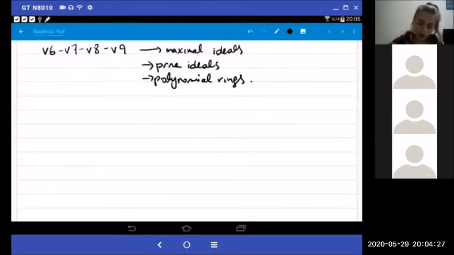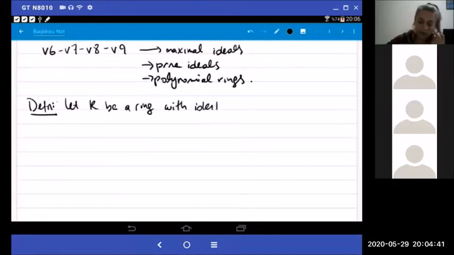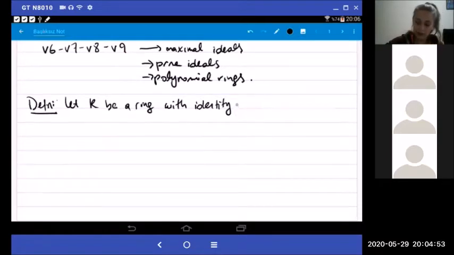So let me first give you the basics about this, okay? So first, what a maximal ideal is. Definition. Let R be a ring with identity. Identity means the multiplicative identity, or in some texts you can see it as unity, not unit, but unity. And unit is another thing.